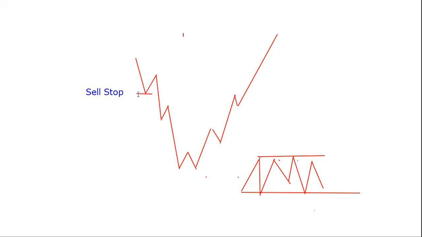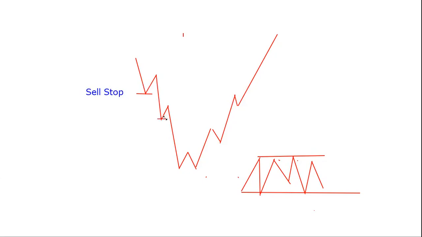That line right there? What if you could put a sell stop right there and take the market down? What if you can catch that bearish engulfing candle, take the market down? That's all I'm doing, y'all. I'm placing sell stops right in these little areas here. Little areas like this.